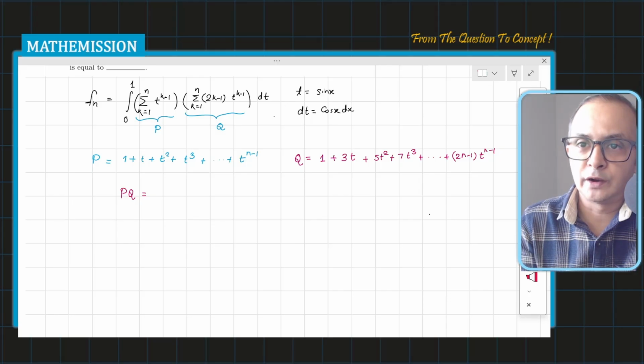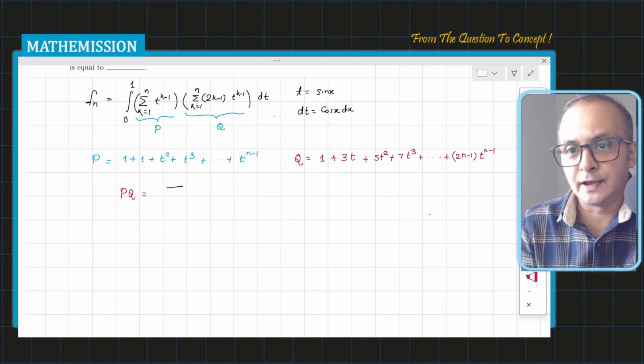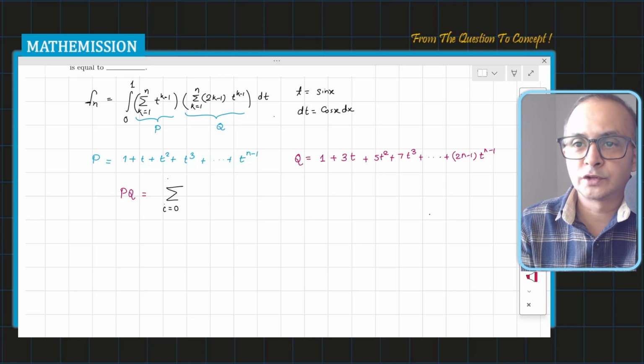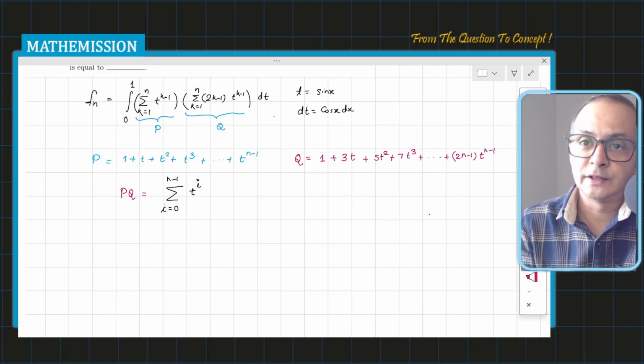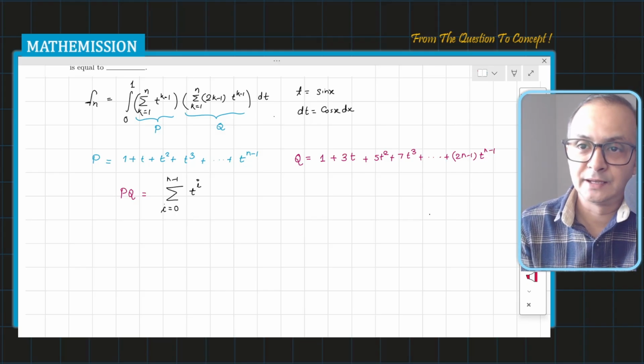The coefficient is 1 everywhere. So the summation over i starts from 0 and goes up to n minus 1, and I'm giving t to the power i. If I start putting the values of i from 0 up to n minus 1, they will produce the terms of P.